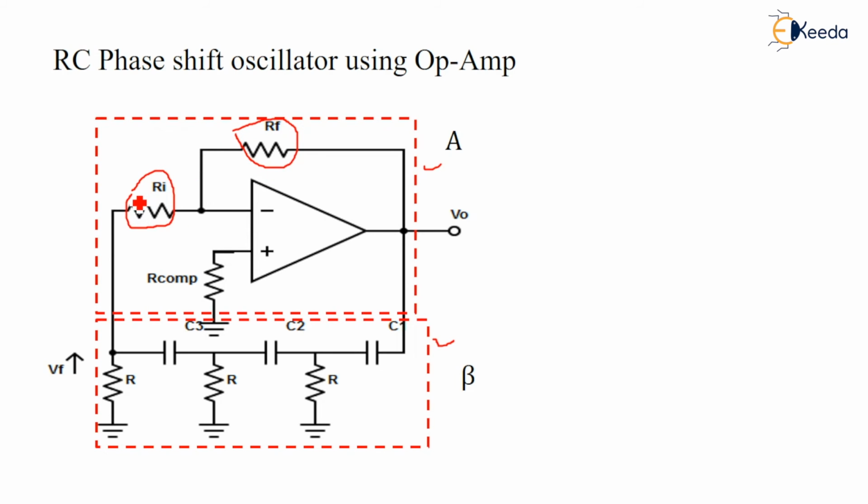Gain is adjusted in such a way that the product of A into beta is slightly greater than 1.